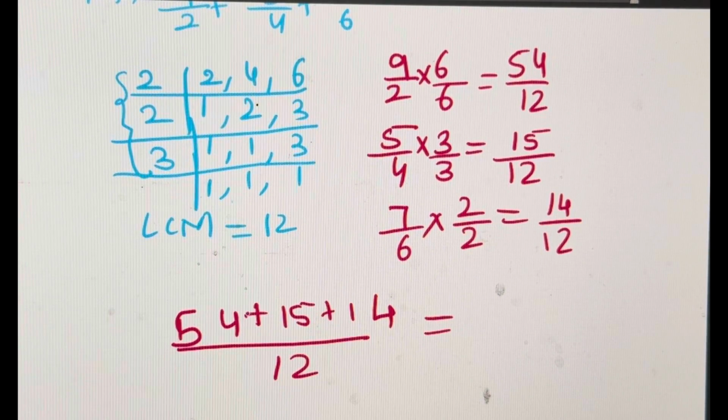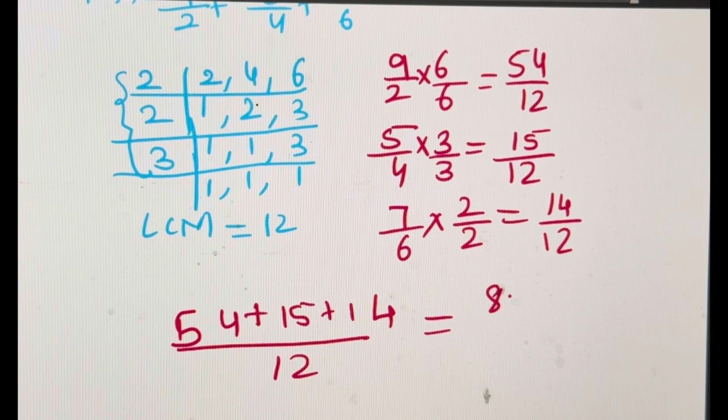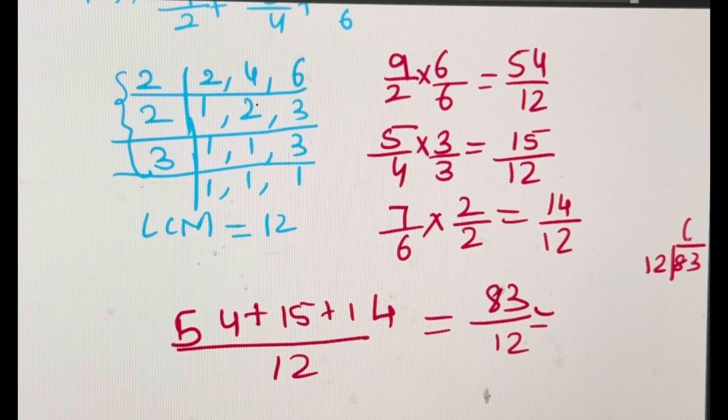So if we add this, 54 plus 15 is 69 and 69 plus 10 is 79. 79 plus 4 is 83. So you get 83 upon 12. Now 12 sevens is 84. So we will take 12 6s are 72.